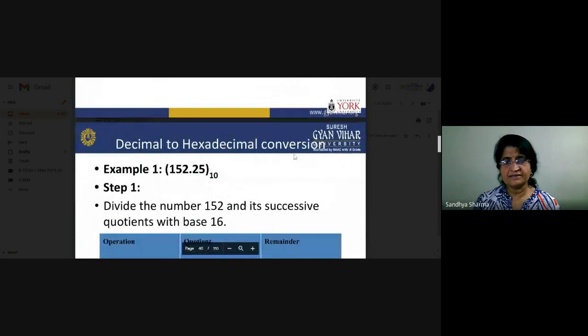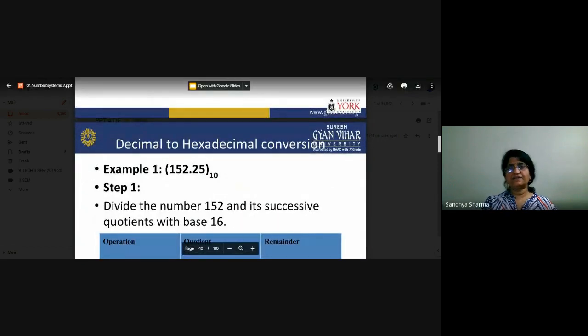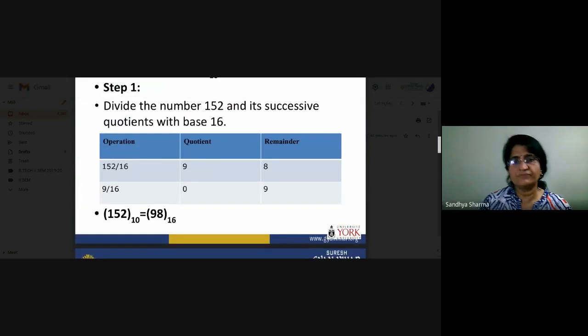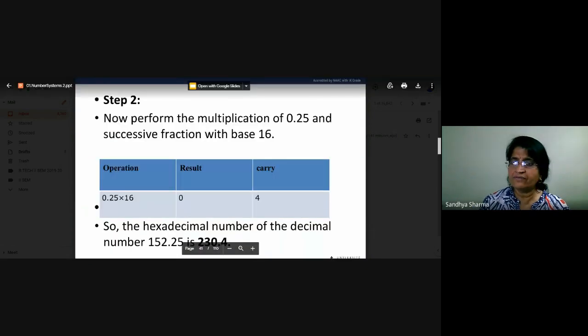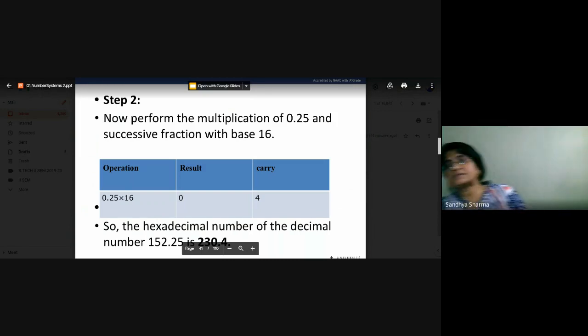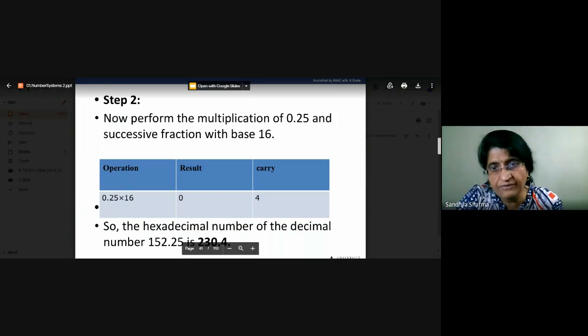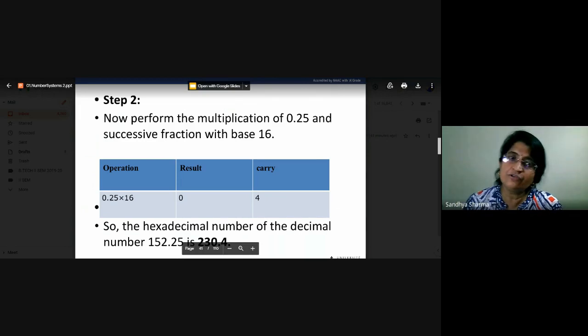The same thing applies here. If you are given a decimal number with a fractional part, you can convert it in the same way. If you are given a number in terms of a point or fractional part, you have to multiply by 16, because your base is 16.